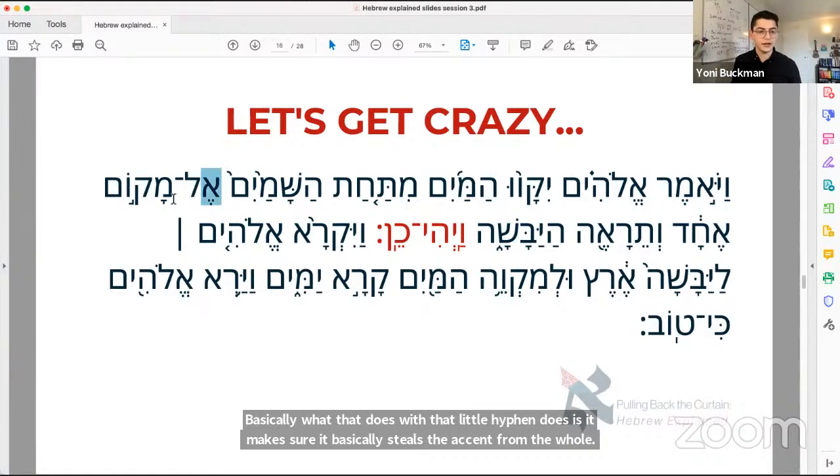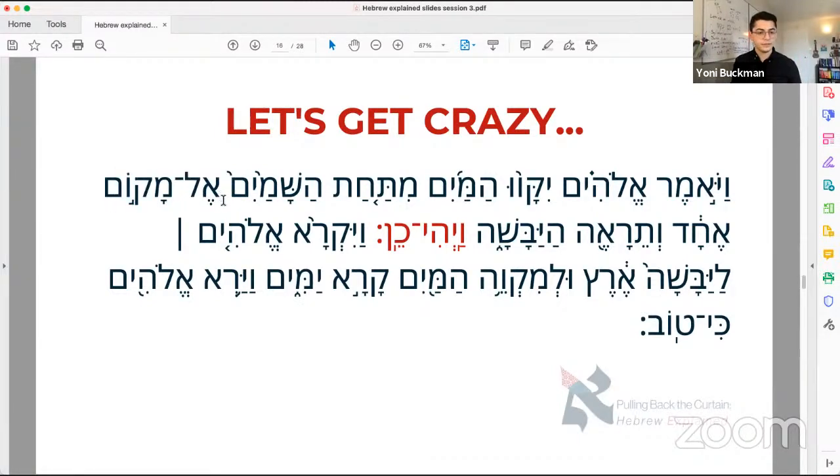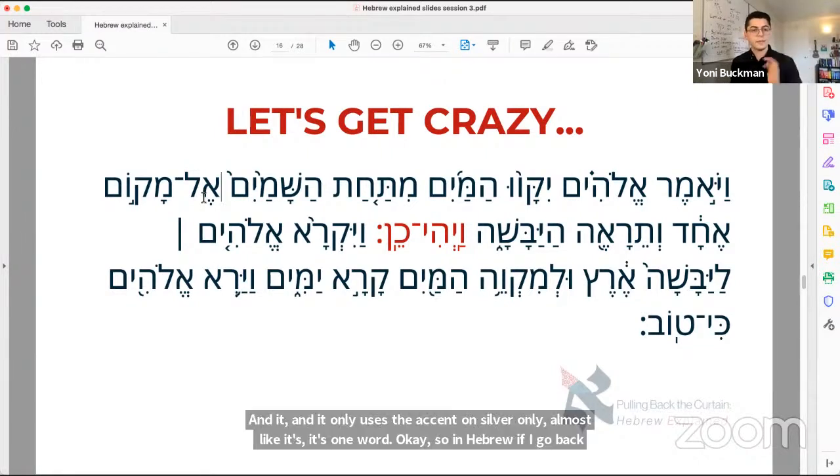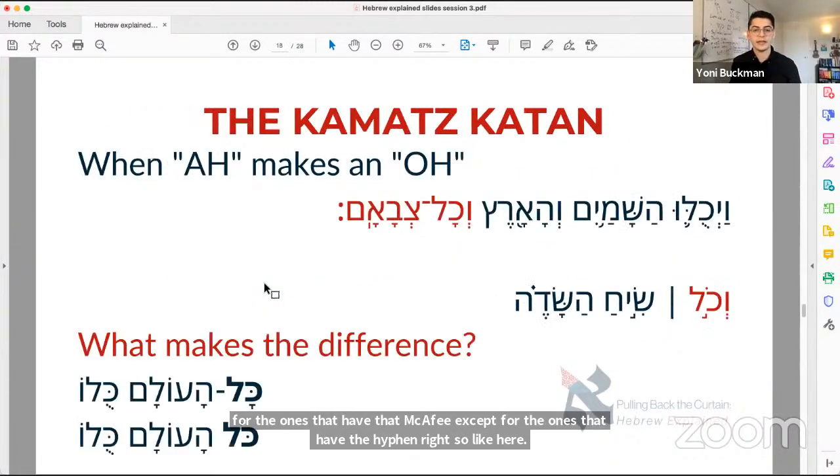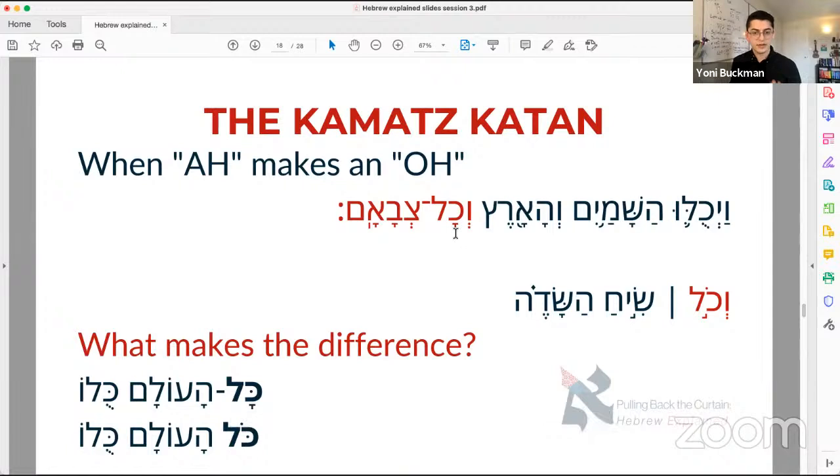So like here, the first word doesn't have a trope mark because the makaf connects it to the next word, and it means that you now have a word without an accented syllable. So going back here, v'chol tziva'am, now this is no longer accented. The siluk, the sof pasuk, is only on the word tziva'am.